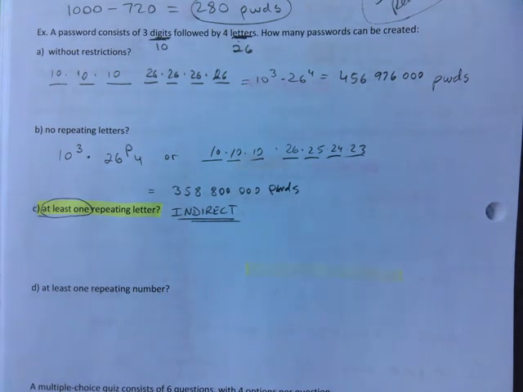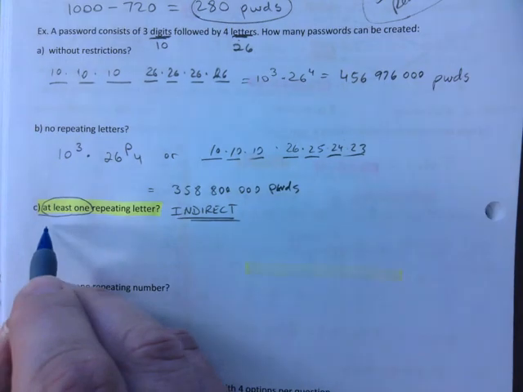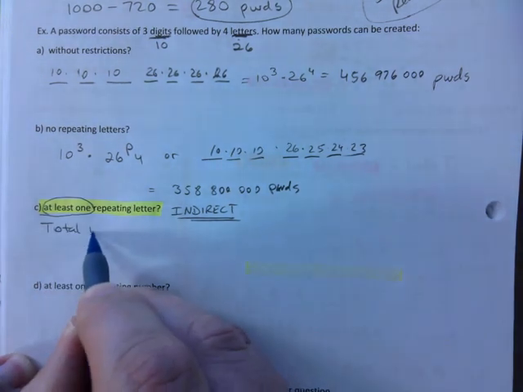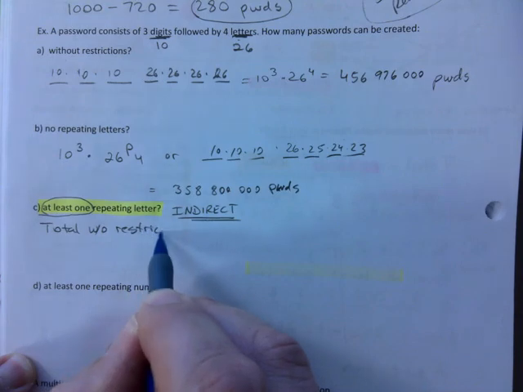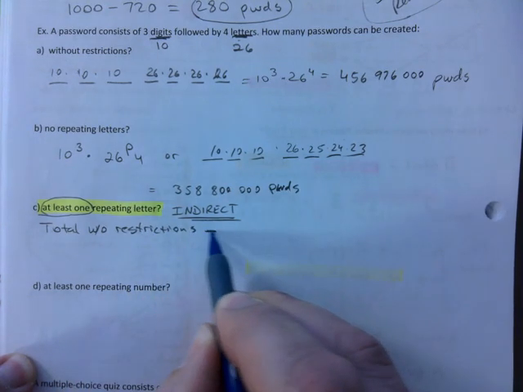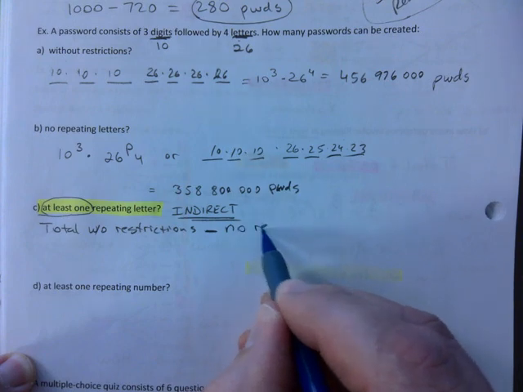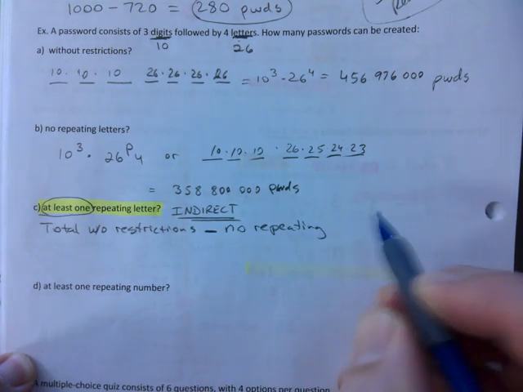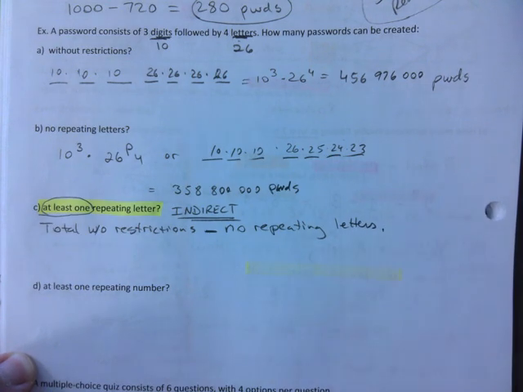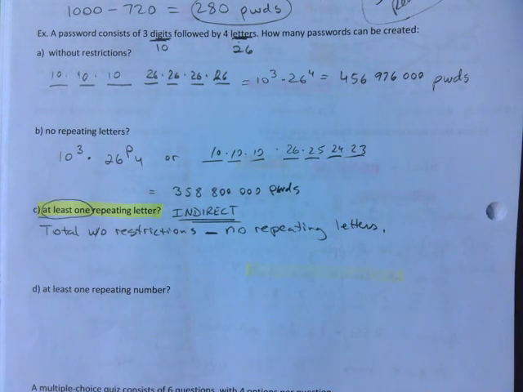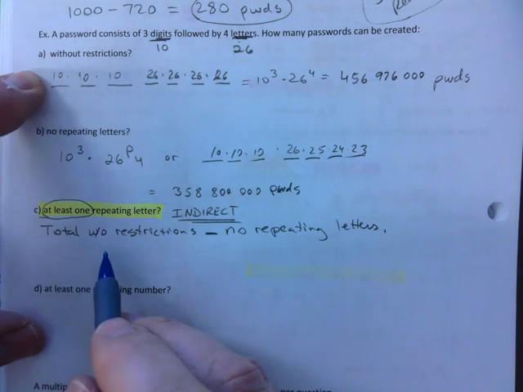Instead of finding all the possible ways to get repeating letters, which would be quite a task, you would need pages to do that, I will take this approach: total without restriction, minus no repeating letters. If I take away the ones that have no repeating letters, which I do have in B, then I will actually get my answer.